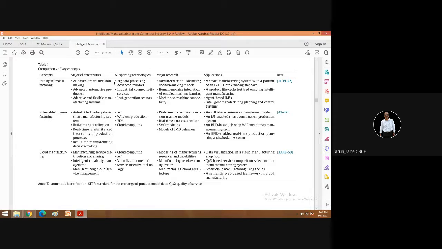What are the supporting technologies? What are the research areas? And what are its applications? So everything is mentioned in this table.